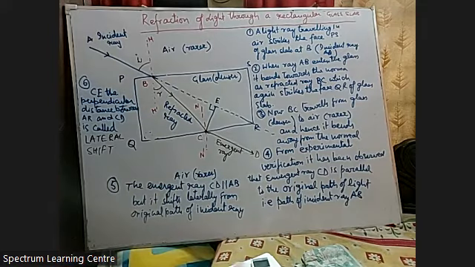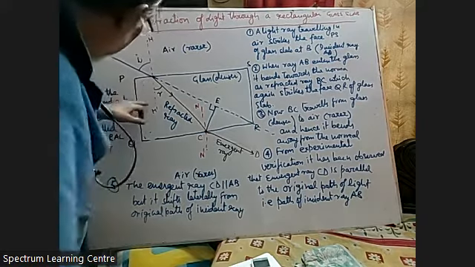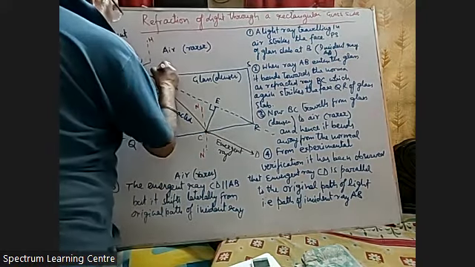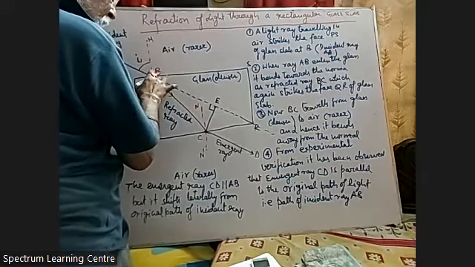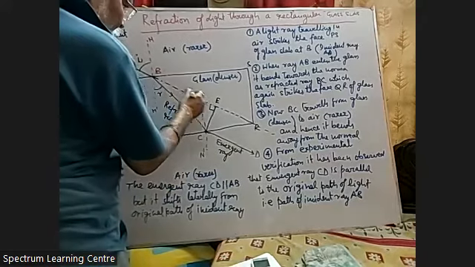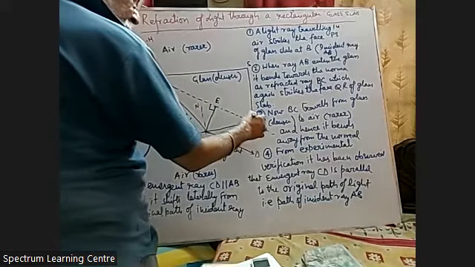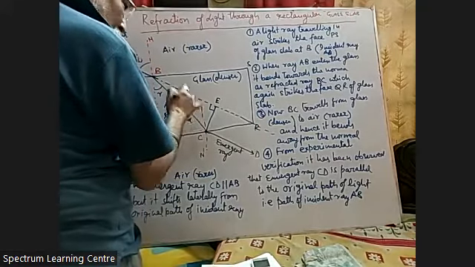Have you understood what happens? See, this AB is the incident ray. If I write B here, AB is the incident ray, right? Now suppose the glass slab is not here. So it will continue to move in a straight line. This is the original path of the light.